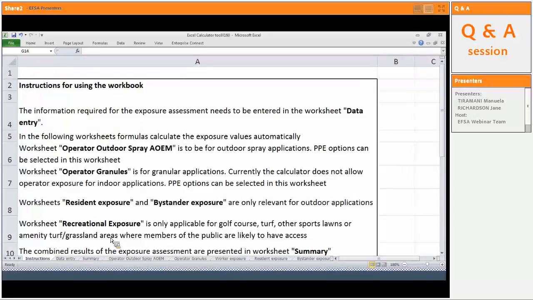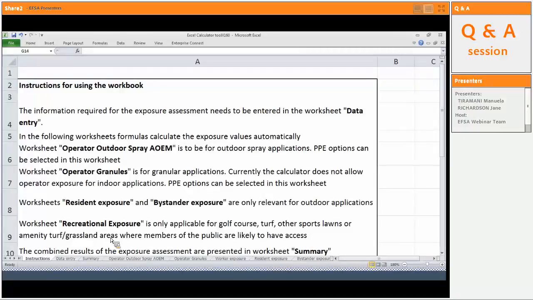For the resident bystanders, by law, it's a requirement, definitely. We have a tool here, so if you look at what we will be doing later with the exercise, you can also check the page on resident bystander. But we don't want to emphasize this because we are aware that we are missing some values, AOEL and acute AOEL, and also some data to have an acceptable assessment of resident bystanders.